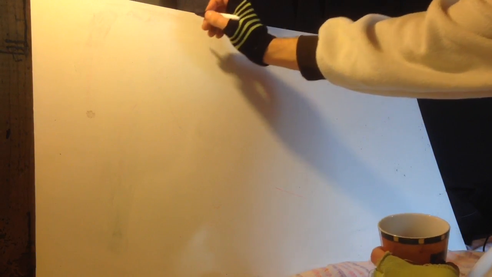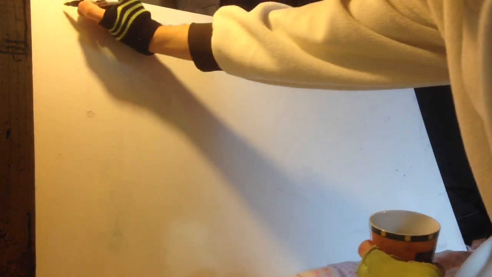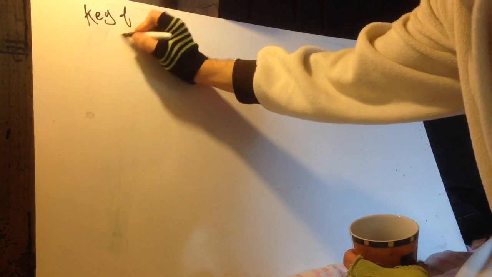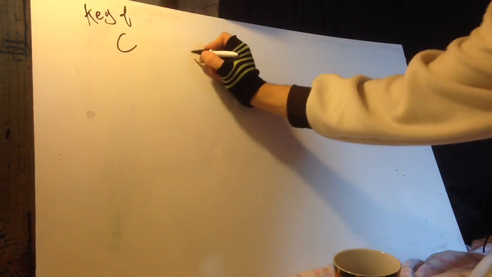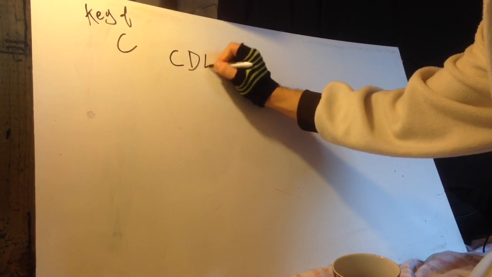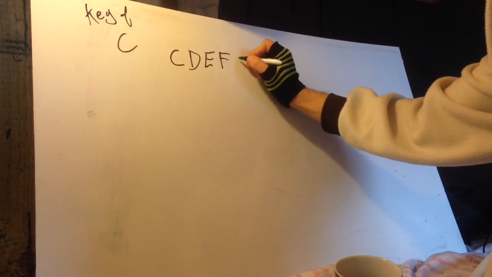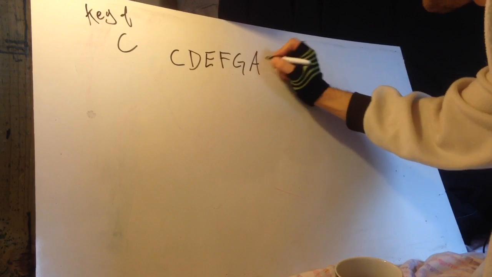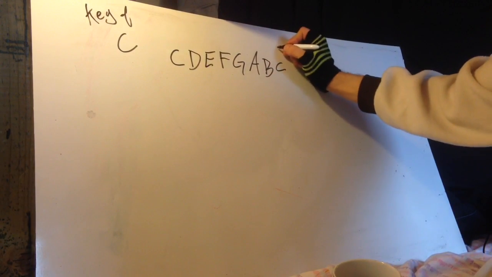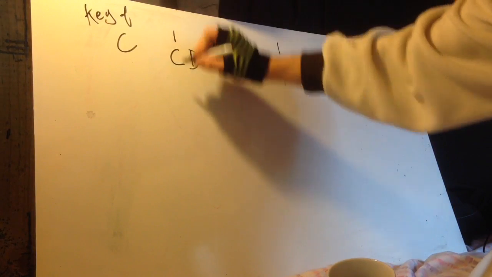Let's say we're in the key of C, and we have C, D, E, F, G, A, B, C, and then that's the unison.